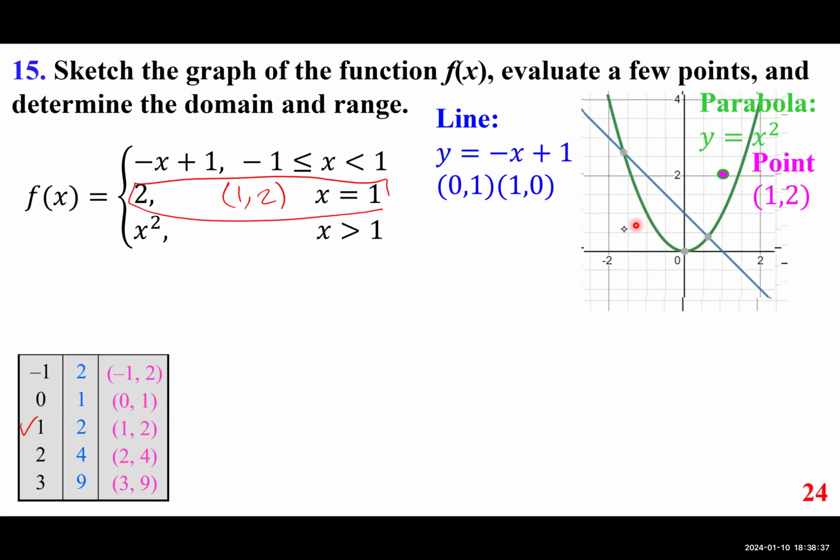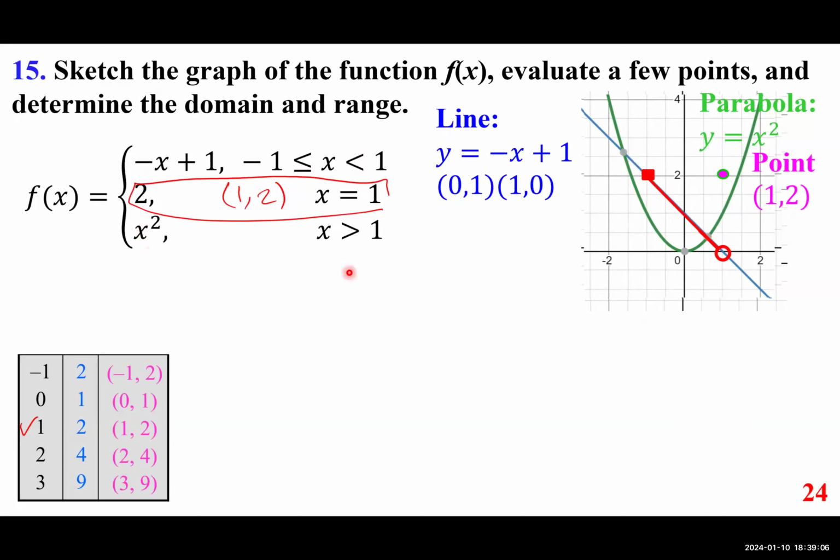At 1, for this one, we are here and we have a hole because it doesn't have an equality. So this line segment, this is a solid point because of the equality. This is a hole because the equality ends there. There is no equality.